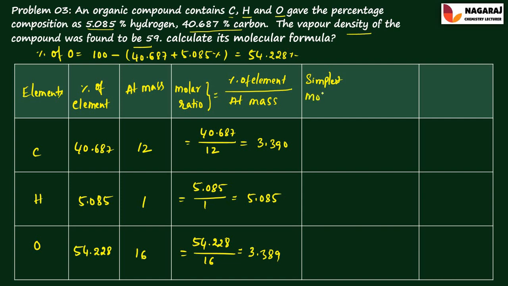Then the simple molar ratio. Simple molar ratio is equal to molar ratio divided by the minimum molar ratio. The minimum molar ratio is 3.389.